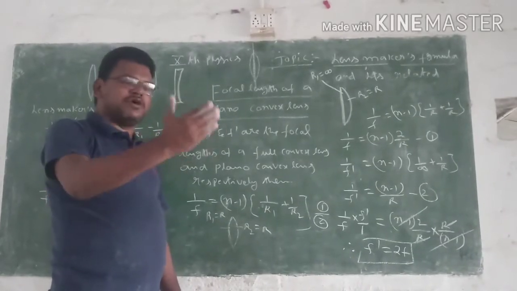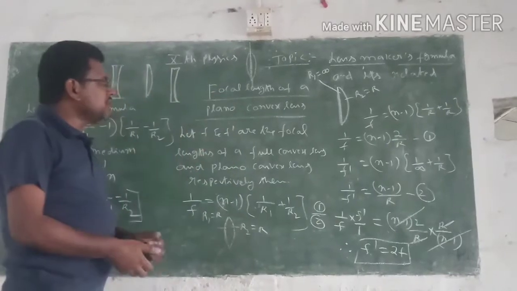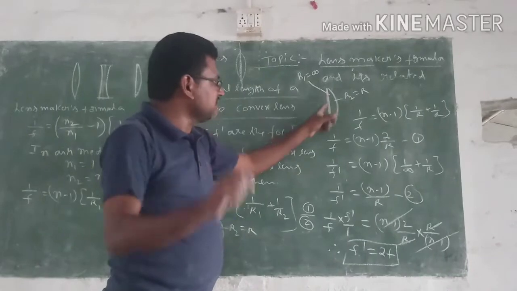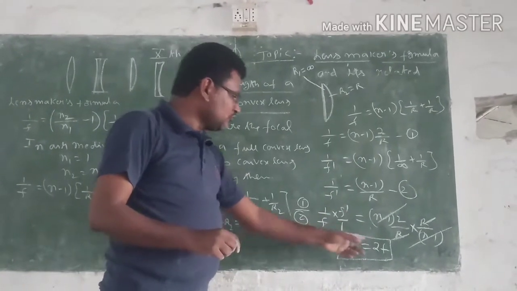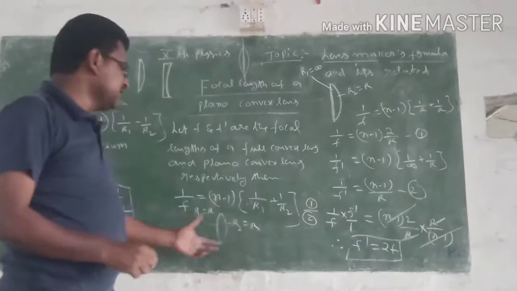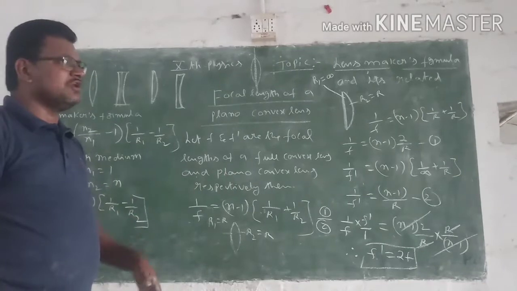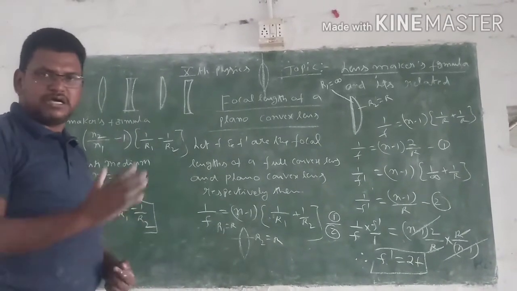That is, the focal length of each plano-convex half lens is equal to 2 times the focal length of the full lens, f dash is equal to 2f. Like that, the focal length of a lens changes when you divide the lens into two equal halves.